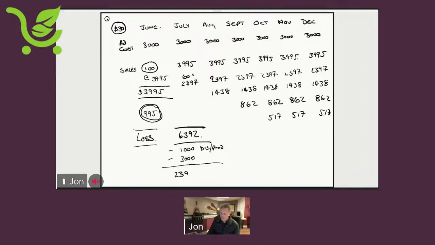Okay, month 3, let me just delete some of that so it gives us a little bit more room. Month 3, we got 3995 plus the 2397 plus 1438. So now in month 3, August, we're at 7830 revenue with, let's say that we are at about $1,350 in products and distribution and $3,000 in ad cost.